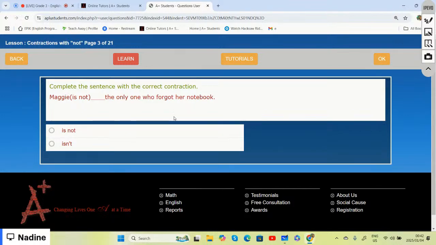All right, the next one says Maggie is not the only one who forgot a notebook. So we need to find the contraction of is not. Is it option one, is not, or option two, isn't?